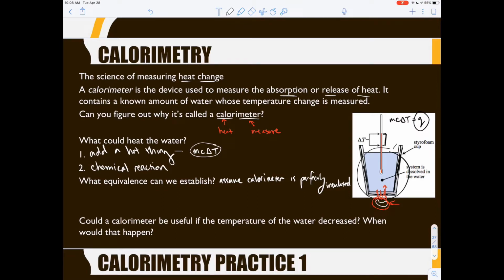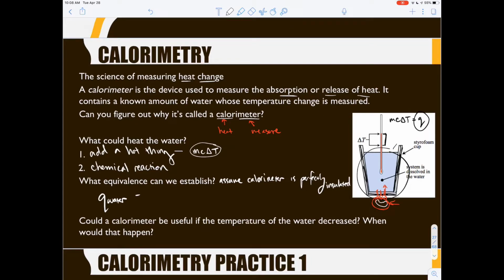Okay, so if this is perfectly insulated, we're just going to assume the water's being heated just to make it simple, but we understand it can be cooled. If it's perfectly insulated, we can assume that the heat that the water gains is equal to, but opposite in sign from, the heat that the system lost.